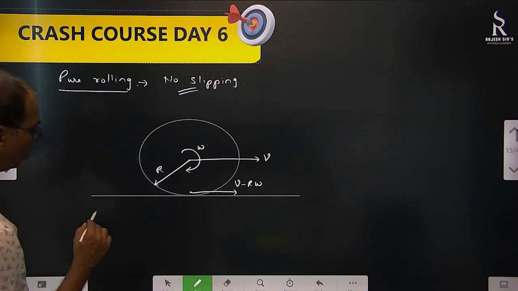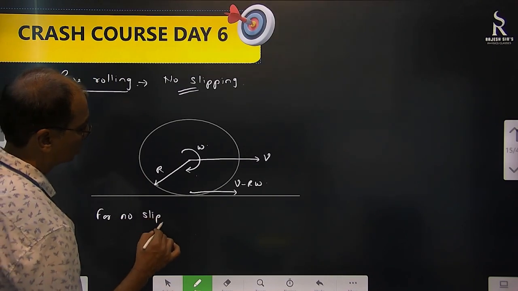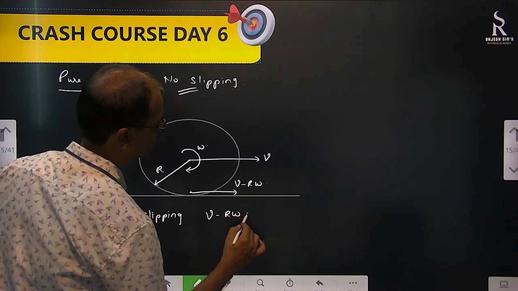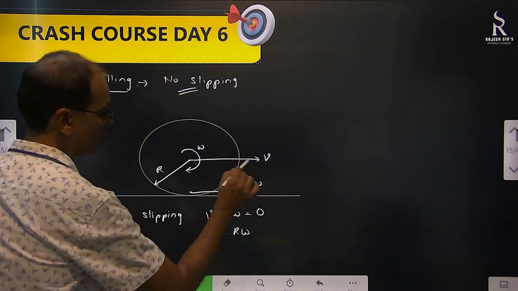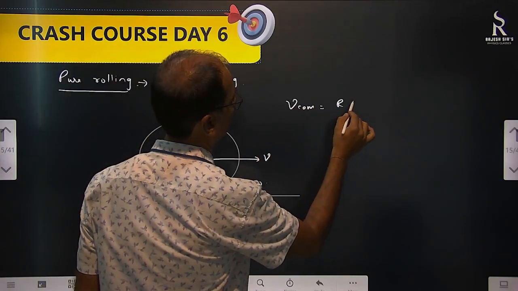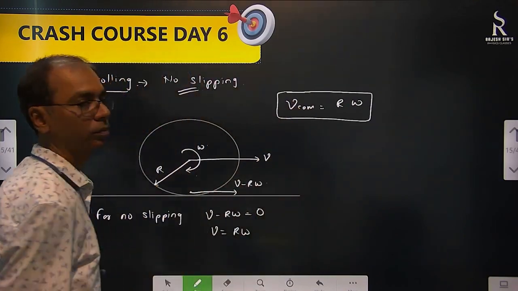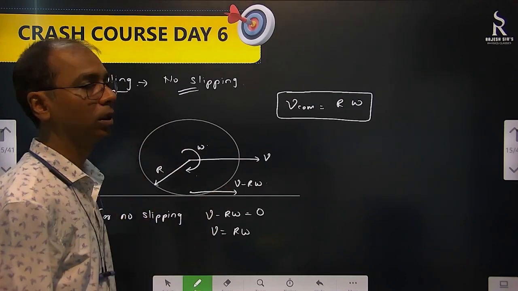So for no slipping, V minus R omega needs to be 0. That means V should be equal to R omega. What is V? Velocity of center of mass. This is the condition of no slipping, and this is only for pure rolling.